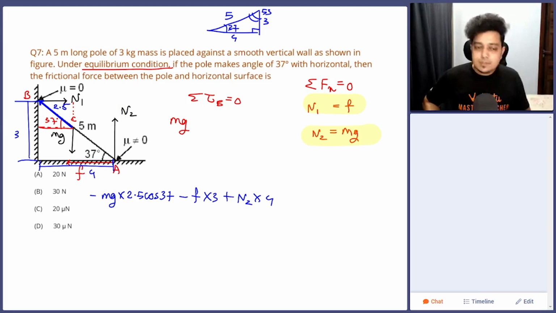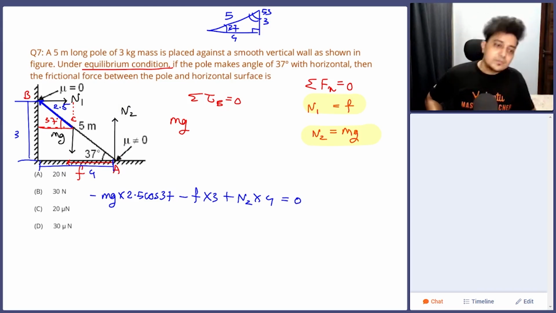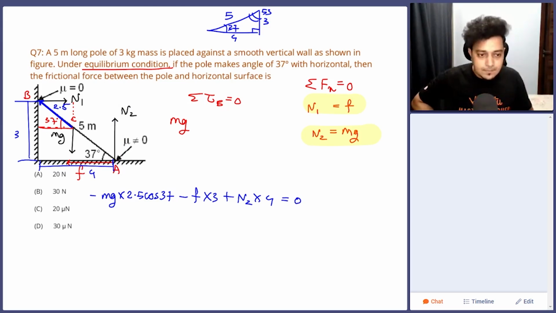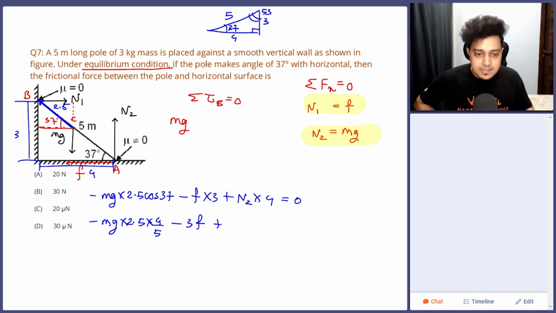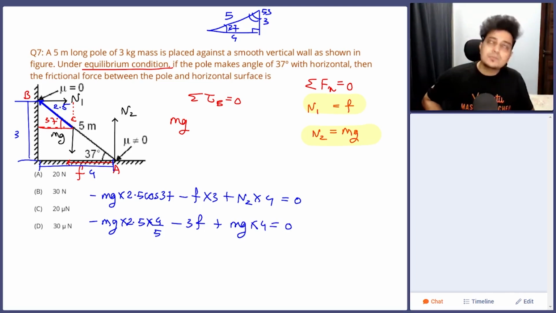These are the forces that are producing torque, so we can equate the total torque to 0. Now our goal is to find the frictional force, so we will replace whatever we can replace here. mg as it is, 2.5 cos 37 will be 4 by 5, this is 3F, N2 replaced as mg into 4, equal to 0.